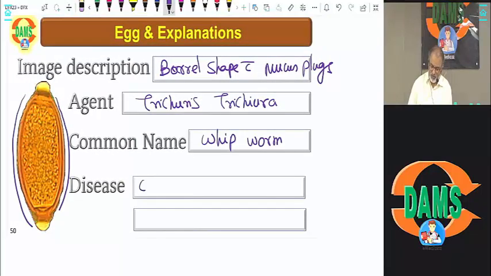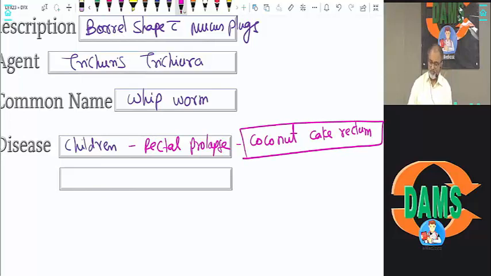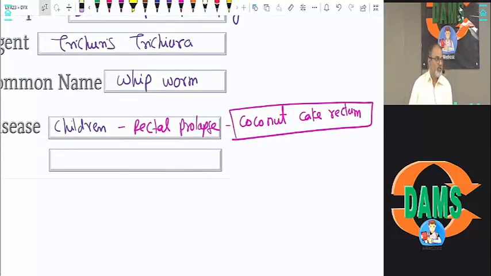Excellent. In case of children, it produces rectal prolapse. We call it coconut cake rectum. In case of adults, it causes iron deficiency anemia.